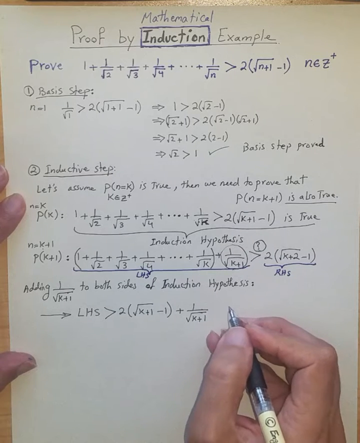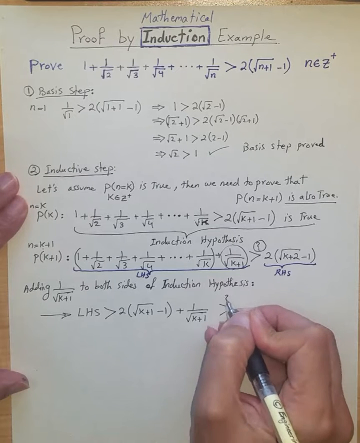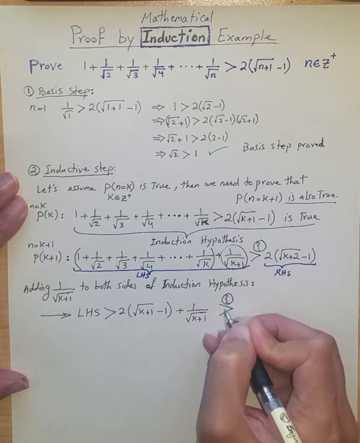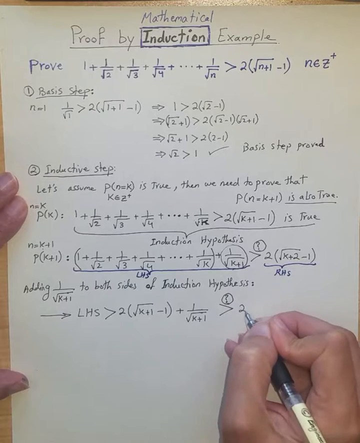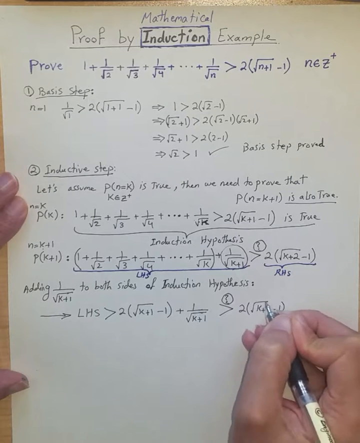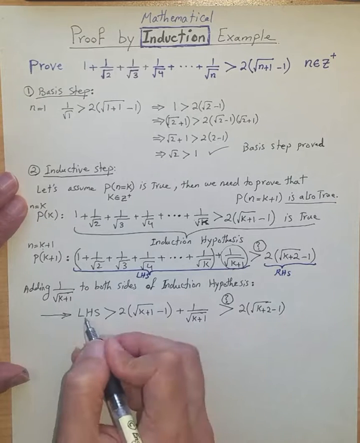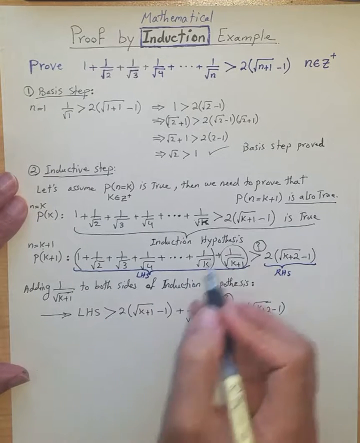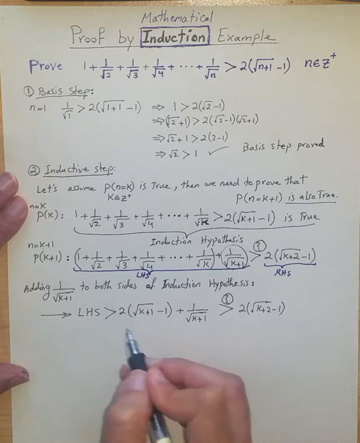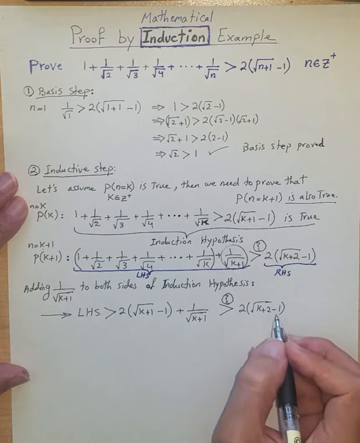Okay, so all I need to do now is prove that this thing is still greater than 2 times square root of k plus 2 minus 1 on the right-hand side of what I need to prove, because I already know that the left-hand side from the induction hypothesis is greater than this. If I can prove this is greater than that, then I'm done.